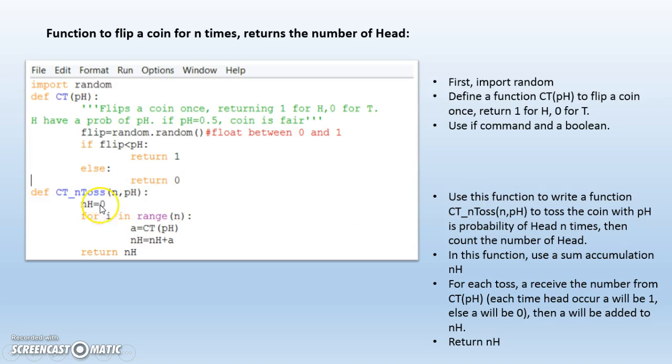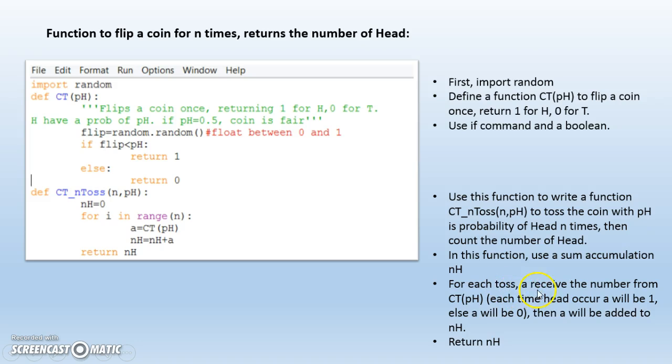The next thing is to use the result of this function to write a function ct, which takes the parameters n and ph, which means toss the coin, where ph is the probability of head, and we toss n times and count the number of heads. In this function, I will use an accumulation nh to count the times that the head occurs. A for loop will be used, which means tossing the coin n times.